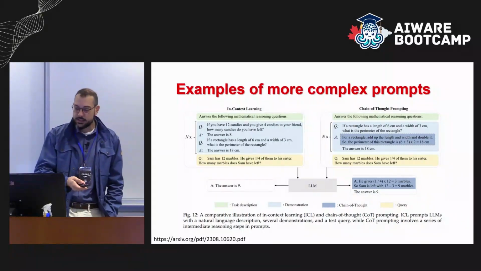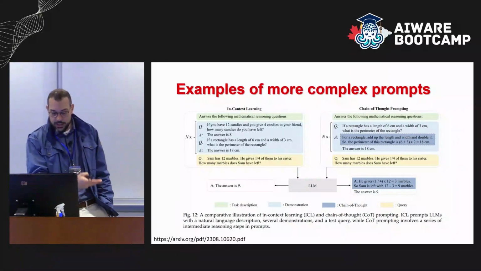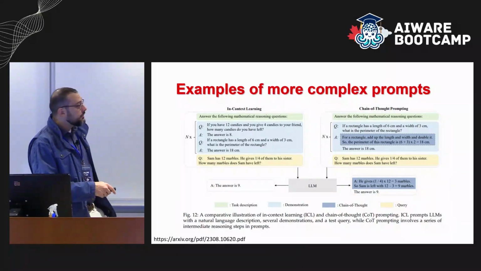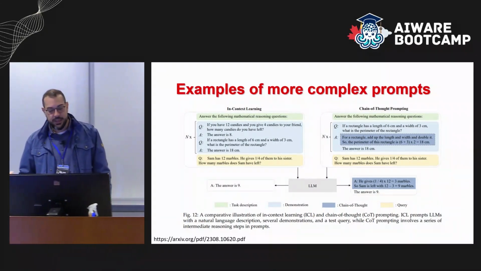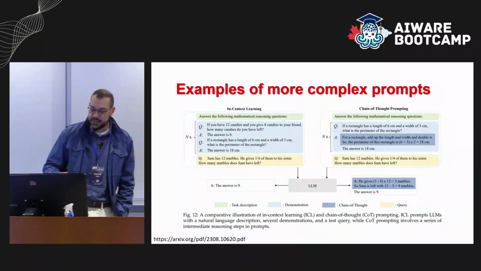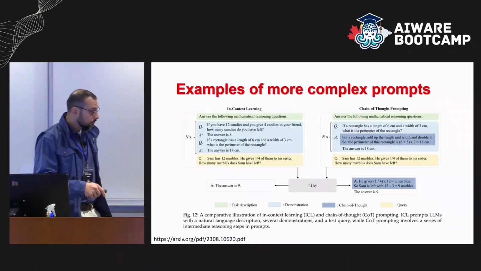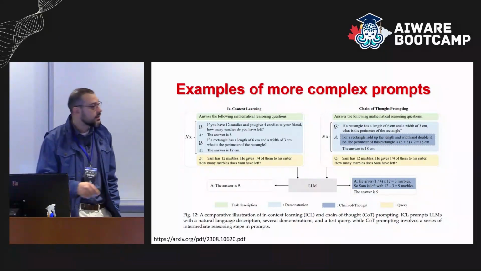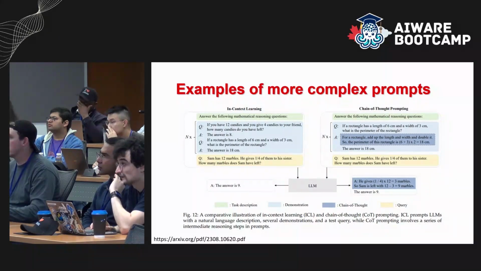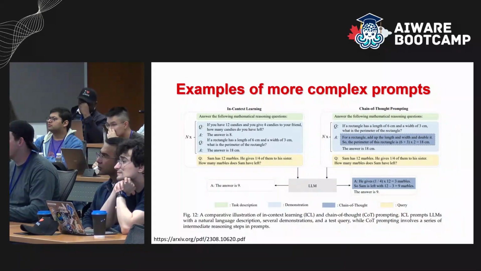And then you have the answer. The answer is 8. And you have another example. Then you leave the model with this question: Sam has 12 marbles. He gives 1/4 of them to his sister. How many marbles does Sam have left? And the LLM will very likely produce an answer that follows the examples that you gave previously. These are called few-shot examples. You probably heard that before.